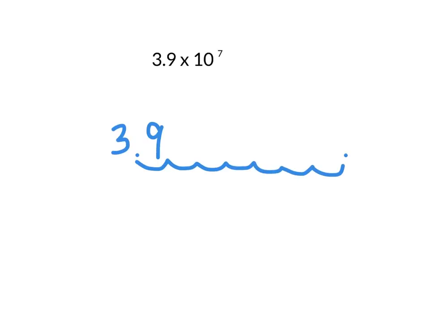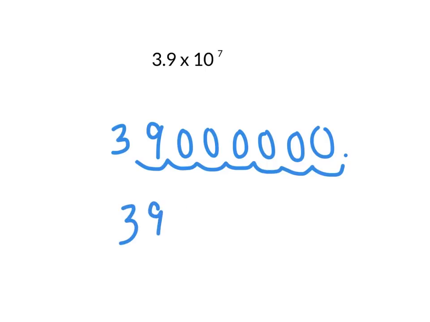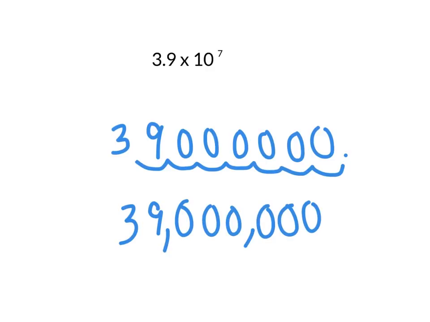So my decimal is now over there instead of over here. And I just have to add in some zeros for the place values that I've added. And again, you can notice that it's not adding 7 zeros, it's adding 7 place values. So in this case, I'm really only adding 6 zeros. So when I write the number out, I'll add in my commas so we can see what kind of number we've got. So we've got 39 million.